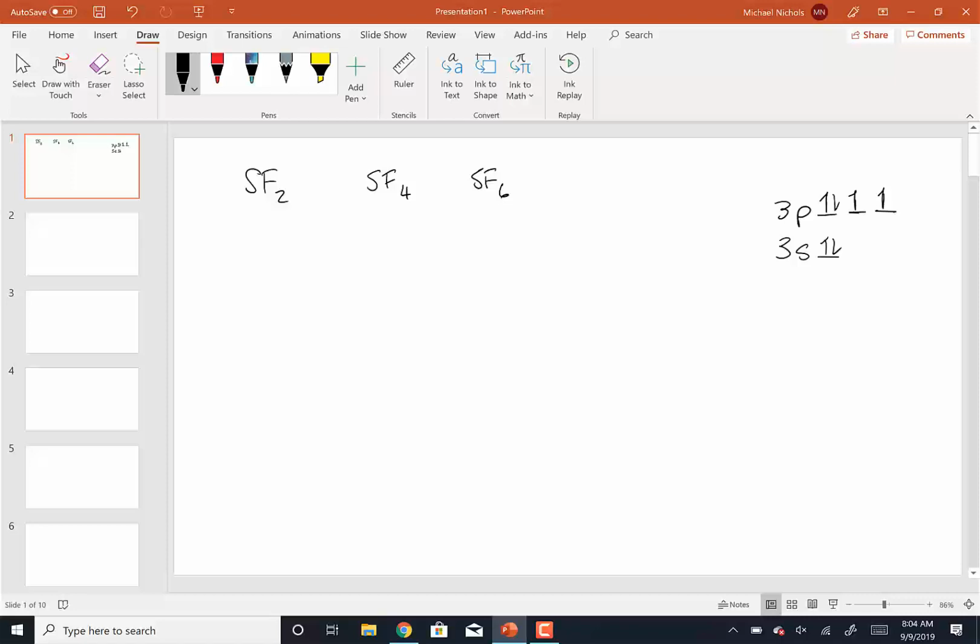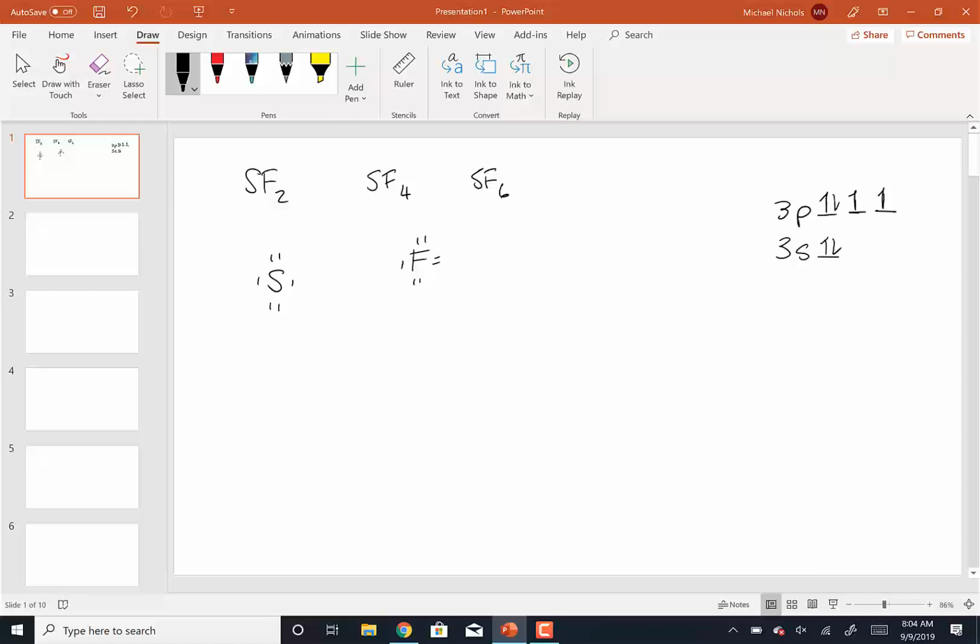So when you look at sulfur in its ground state, it would have 2 lone pairs and 2 unpaired electrons. And so if I'm forming SF2, I don't have to go into any excited states, because all I have to do is say, well, my fluorine has 3 lone pairs along with an unpaired electron.